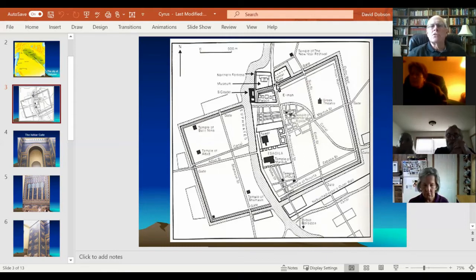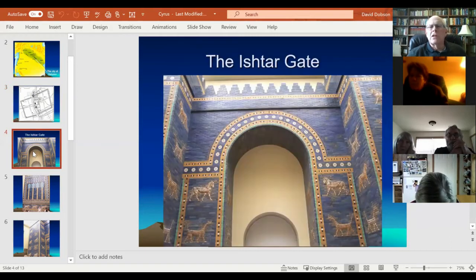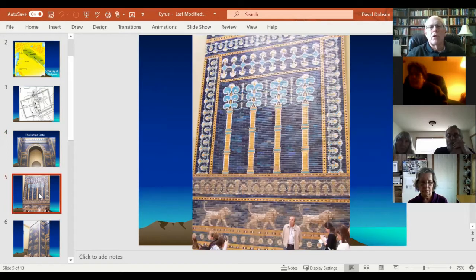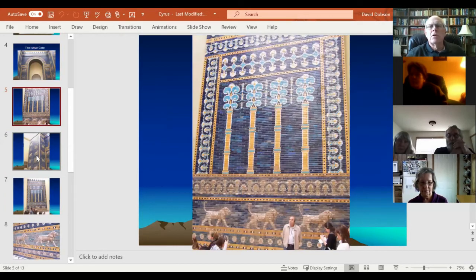But here we have the Ishtar Gate. It's written so small you probably can't read it. But that was the main gate in. And the German archaeologists were there first. They took a lot of the tiles and reconstructed it in the Pergamum Museum in Berlin. Beautiful tile work throughout.